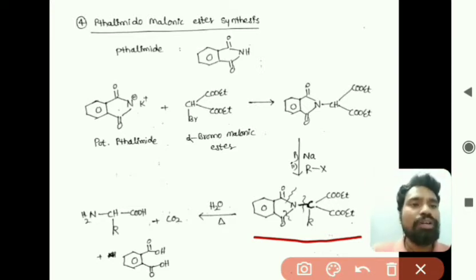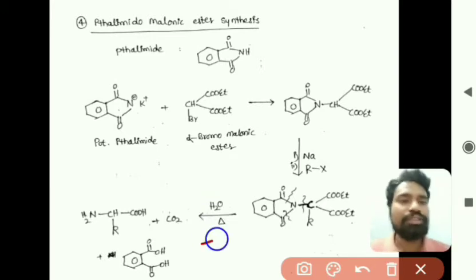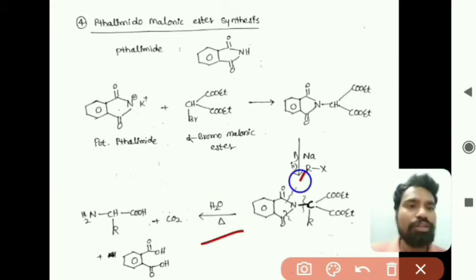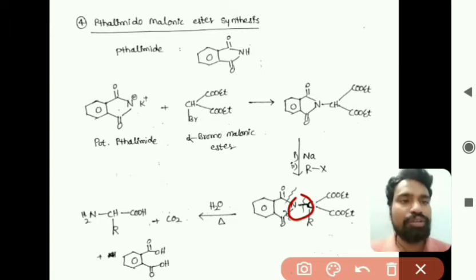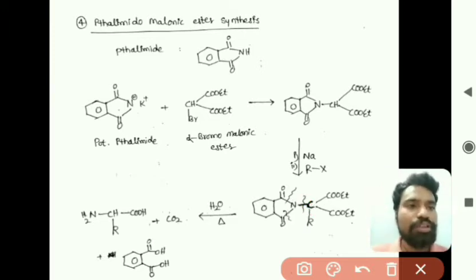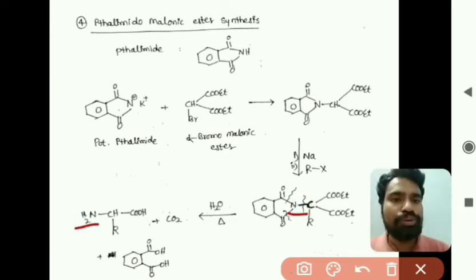Here the R group is attached to the malonic ester carbon. Now this will undergo hydrolysis and heating. So then what will happen? This bond will break, this bond will break, and this forms phthalic acid, and this nitrogen will become NH2.